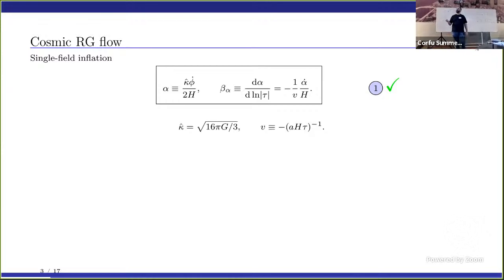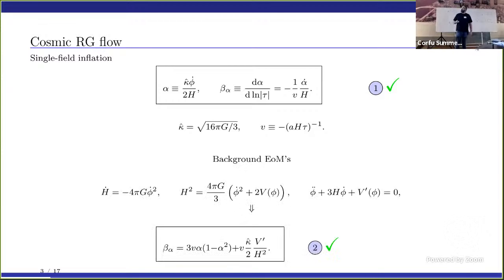So this is another quantity that is small during slow roll, and the beta function will be defined as the derivative with respect to the logarithm of tau. Then, as I said before, from the background equations of motion, you can combine them and rewrite all together to have a first order differential equation in alpha, which defines the beta function.